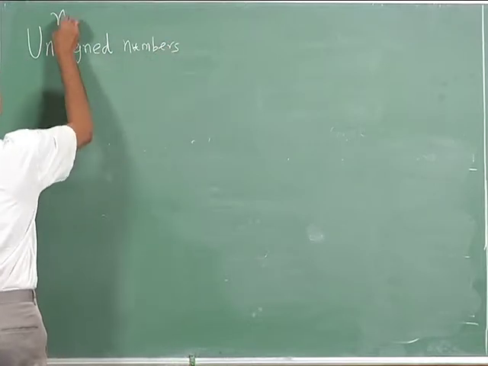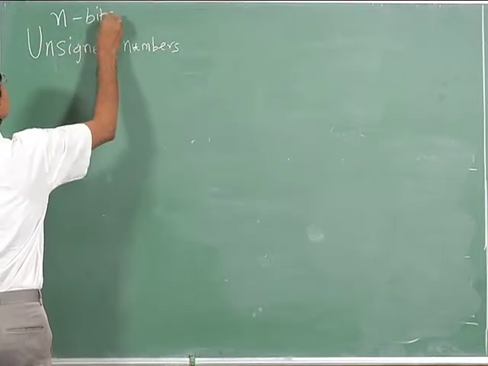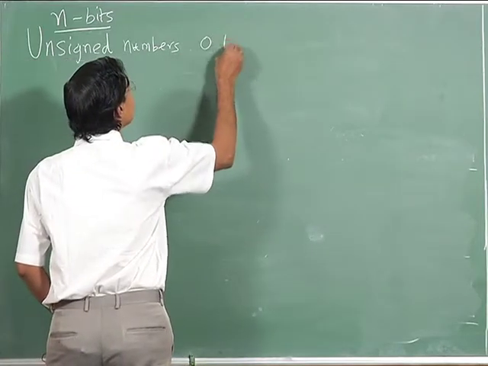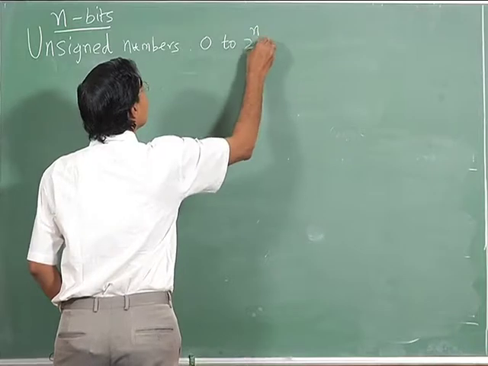Given n bits, the unsigned numbers can be in the range 0 to 2 power n minus 1.